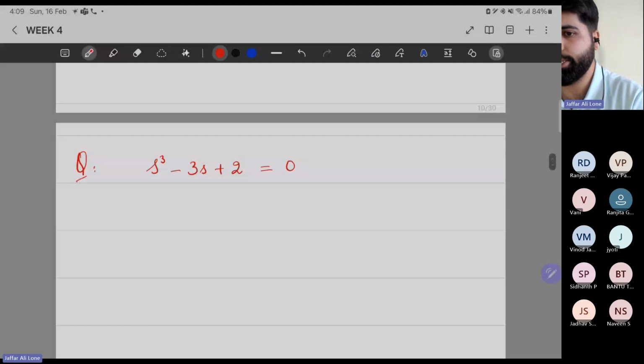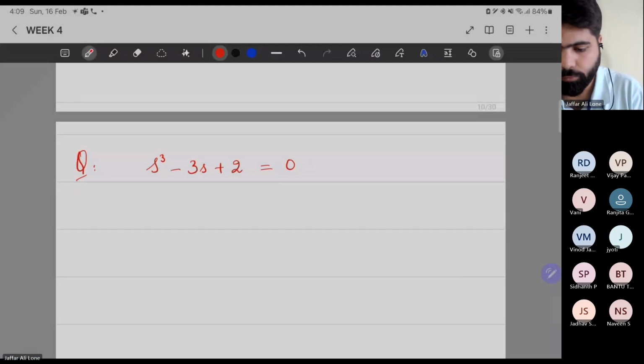So, anybody else? Yeah, everybody got the answer. There are two sign changes.